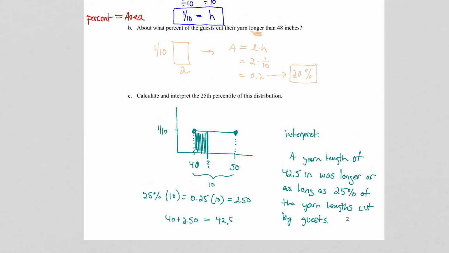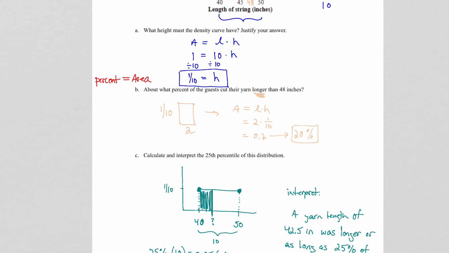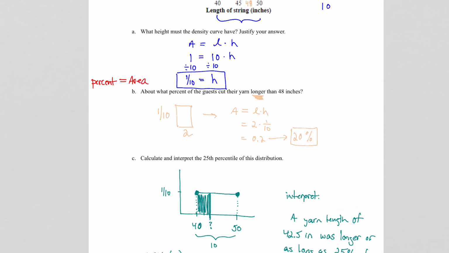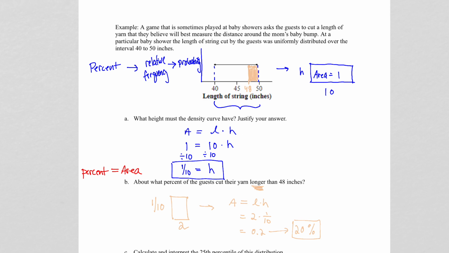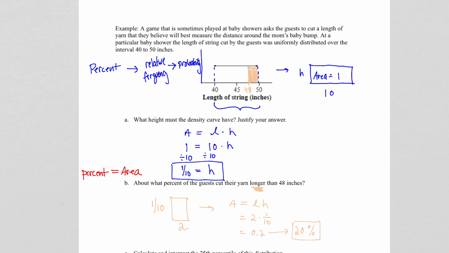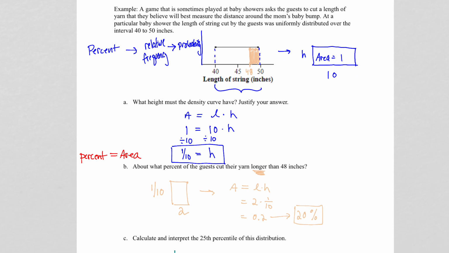Okay, let's just do a little recap. We've looked at density curves. Density curves involve continuous random variables. We've looked at uniform density curves. Again, this was a uniform density curve. It's all at the same height. That's what that means.